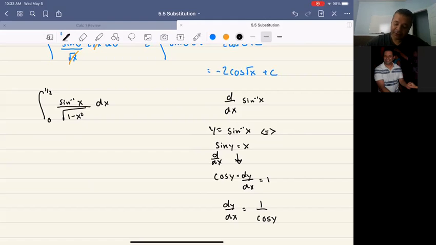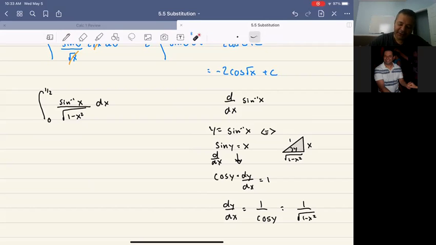Now we have to write this in terms of x again. So we go back here and we have a little triangle. y is here, x is there because it's the opposite over hypotenuse, and so this is the square root of 1 minus x squared. So the derivative of the inverse sine is 1 over the square root of 1 minus x squared.